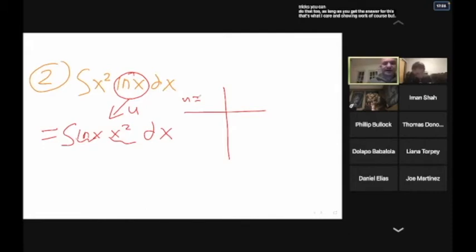But I care more about your way of getting the antiderivative and ultimately getting the correct antiderivative. So you're going to try this question. u is going to be ln of x here, and dv is going to be x squared dx. And you're going to proceed in the chart and then directly to the formula. So let me give everybody about 5 minutes or so. See if you can come up with an answer.